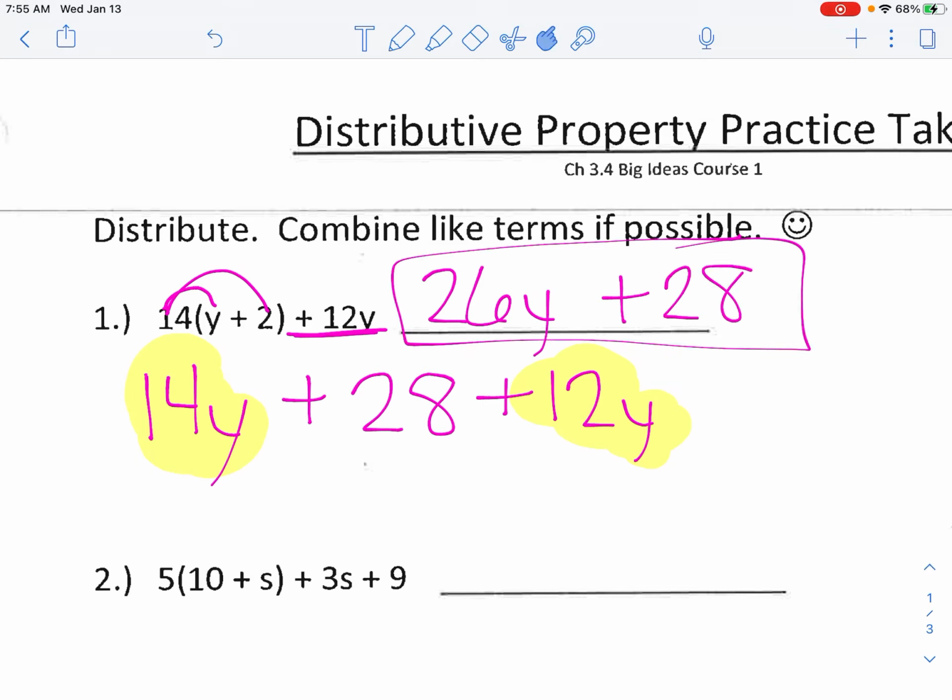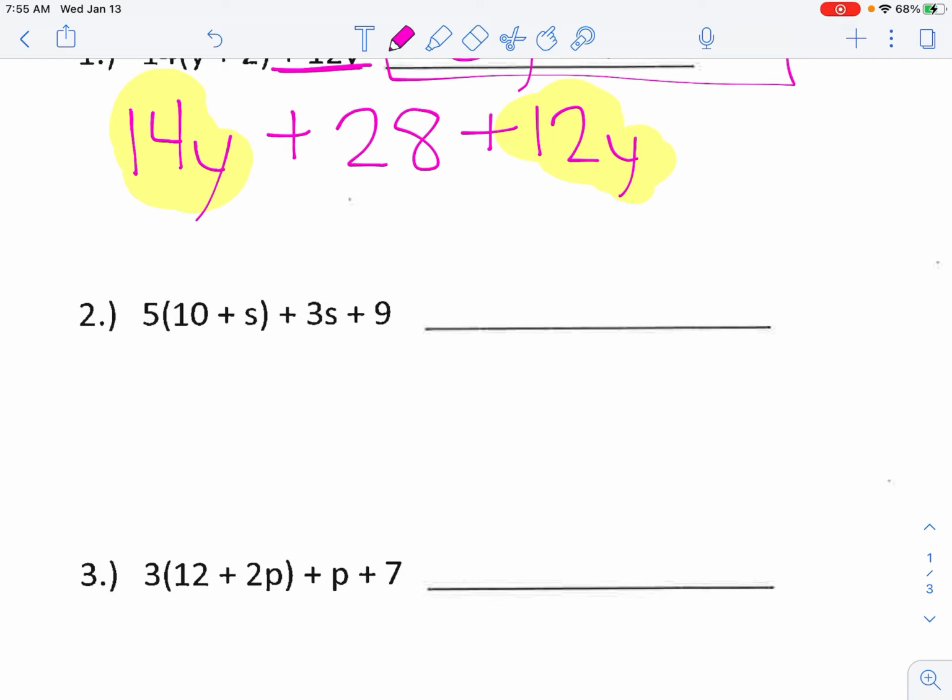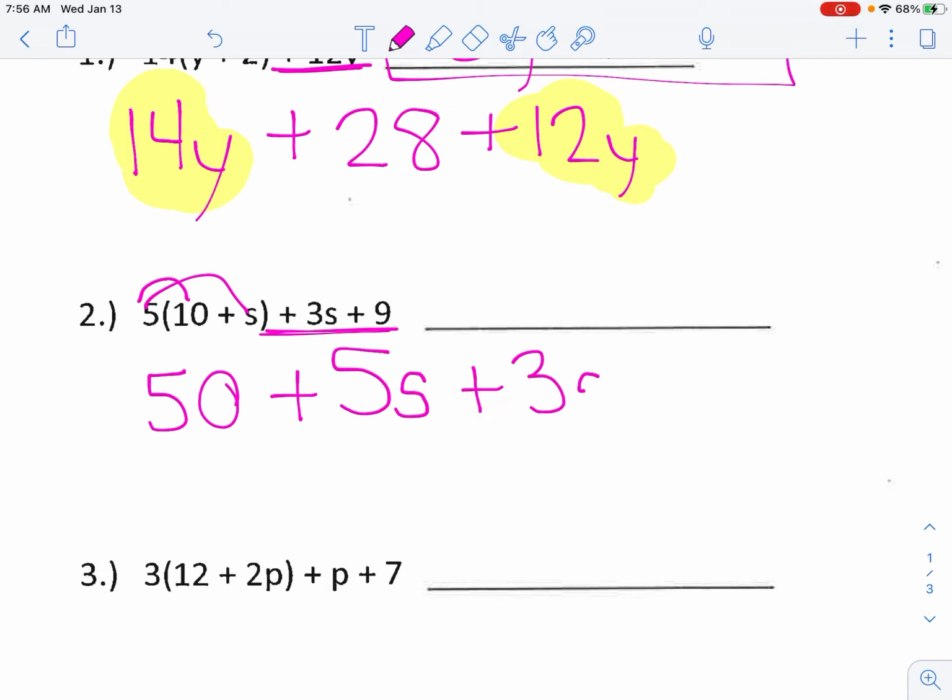Number two, 5 times (10 plus s) plus 3s plus 9. So first, multiply 5 times 10 and multiply 5 times s, that's 5s. And we still have to include this plus 3s plus 9.